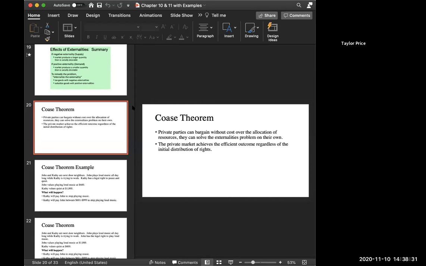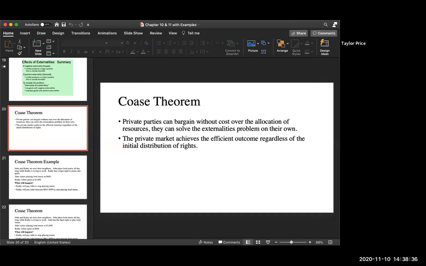The big thing with the Coase theorem is to just remember what it is. It's the idea that private parties can bargain with one another. The idea behind it is that if individuals have property rights, or certain rights that are private, so the individual owns them, then individuals can come to some sort of agreement.